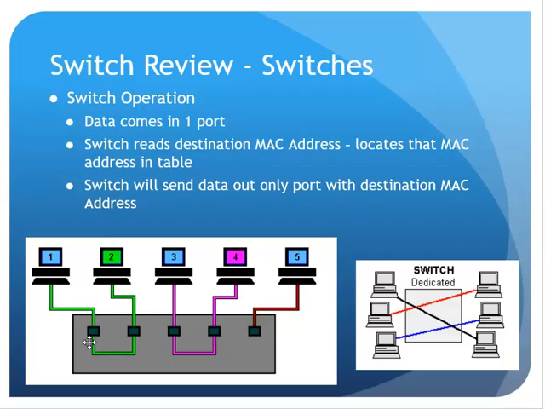Oh, you're going to computer 2? It literally sends it to 2 and only 2. 3 sends a message in saying, hey, going to 4, it's going to send to 4 and only to 4. So we now have a dedicated connection where the switch is trying to get information to one device and only one device based on that MAC address.